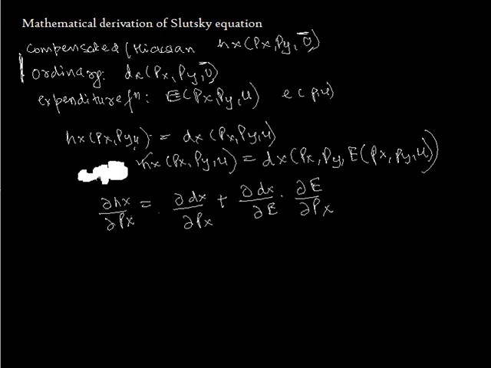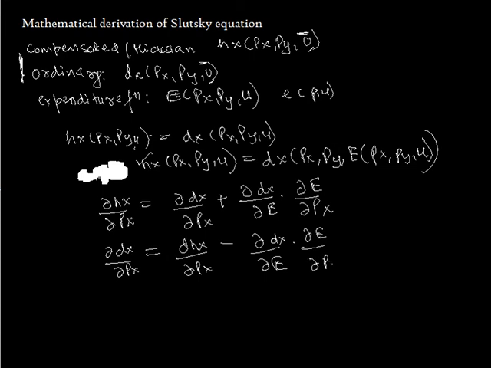Del Hx by del Px is equal to del dx by del Px plus del dx by del E into del E by del Px. Now if you rearrange this to get del dx by del Px, you get del Hx by del Px minus del dx by del E into del E by del Px.